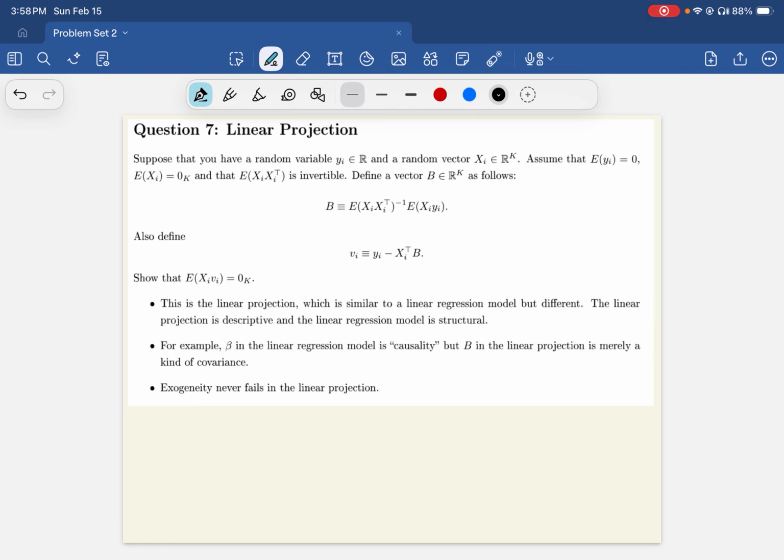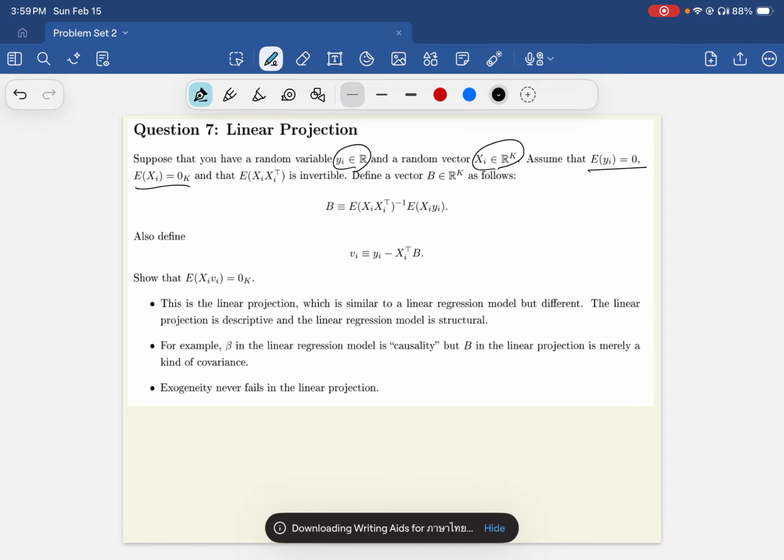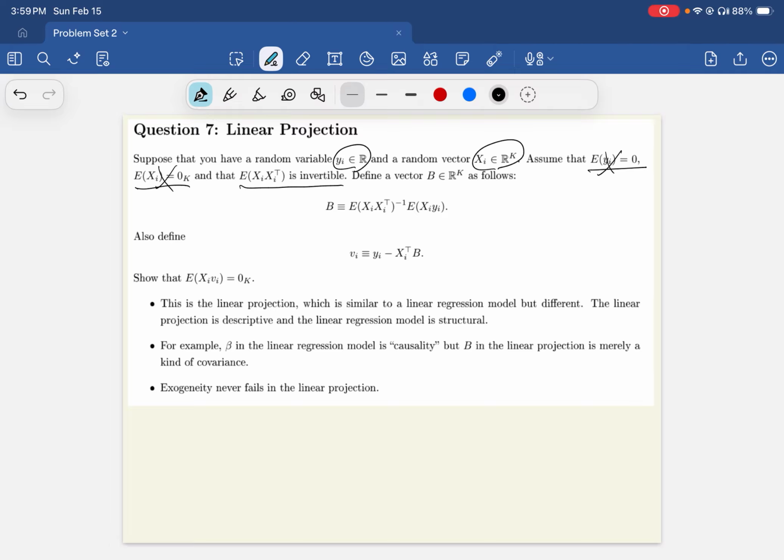Suppose that you have a random variable y and a random vector x, and assume that the mean of y is 0, the mean of x is 0, and the full rank assumption. So these are the main assumptions. Actually, the mean assumption is not an assumption. It is normalization, so that's not a problem.